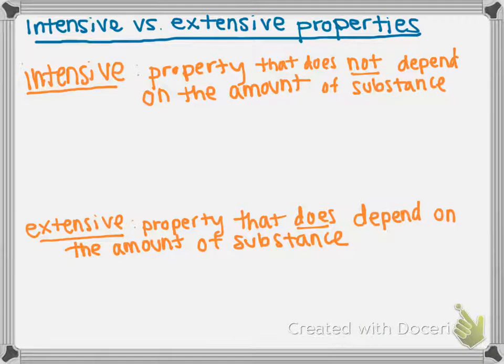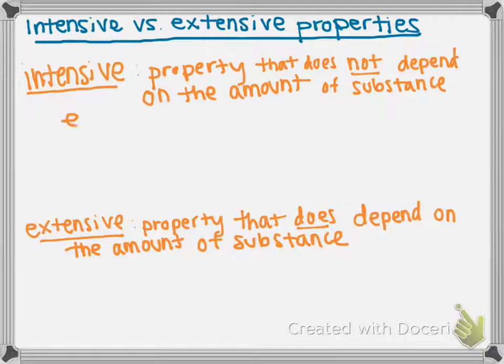All right, the last thing that we need to define is the difference between intensive and extensive properties. I talked a little bit about intensive property in the density video, and so now we're going to define it again. So an intensive property is a property that does not depend on the amount of substance.